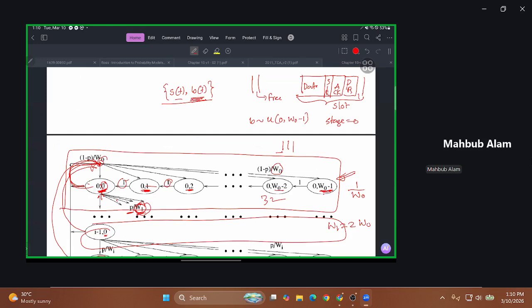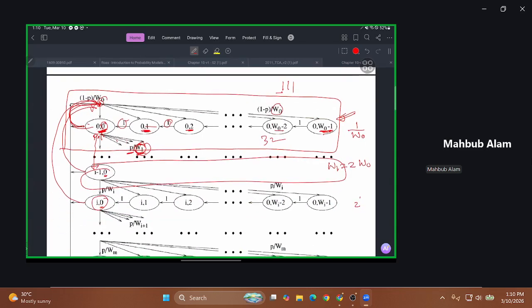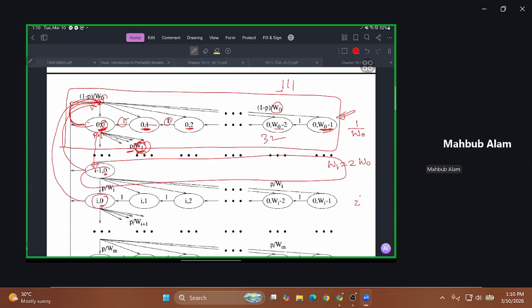Once the station transmits, there are two options. With a probability P, a collision occurs and the stage is increased by 1. When a collision occurs, the stage is increased by 1, so we move from 0 to 1, or i to i plus 1. At the same time, we select a backup counter value randomly.